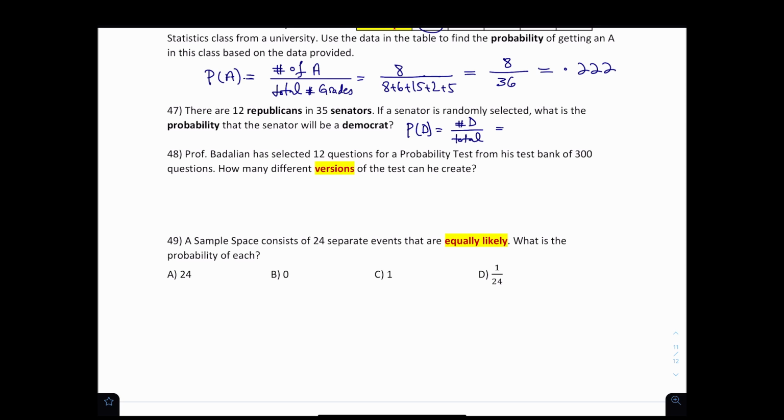So basically 35 minus 12 gives you the number of Democrats. So the number of Democrats will be 23 divided by the total number of senators, which is 35. So you use Excel or your calculator or your cell phone, and 23 divided by 35 is 0.657.